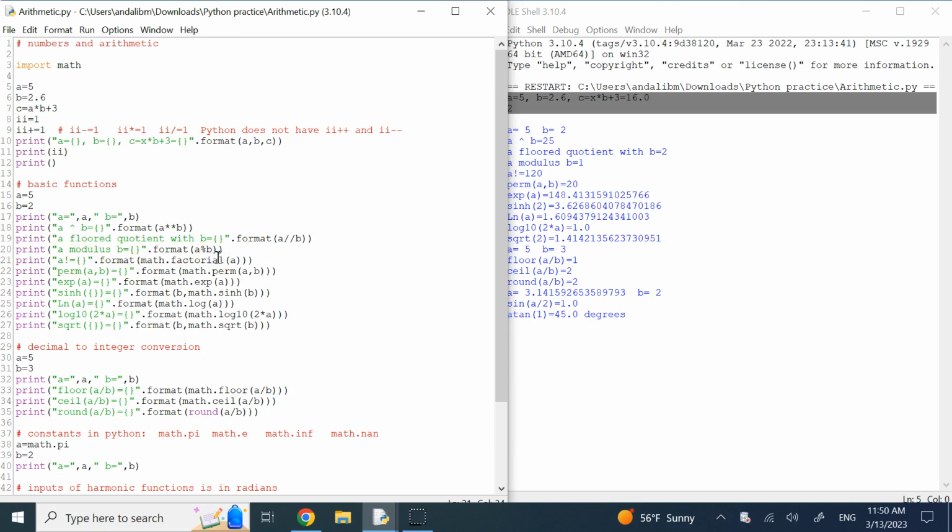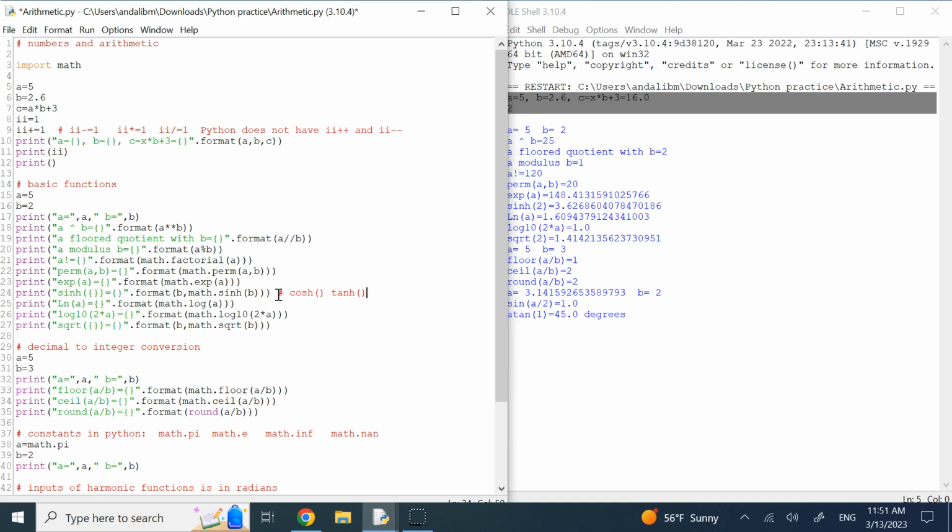You cannot use any other thing. It's the factorial function. If you want the permutation of A and B, you use the function perm. The exponential is math.exp. Let's say here the sine hyperbolic, right? If you want the sine hyperbolic, there is sine hyperbolic. There is of course similarly cosine hyperbolic, tangent hyperbolic, and so on and so forth, right?